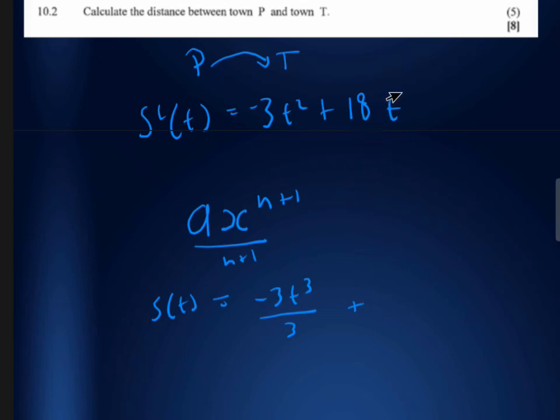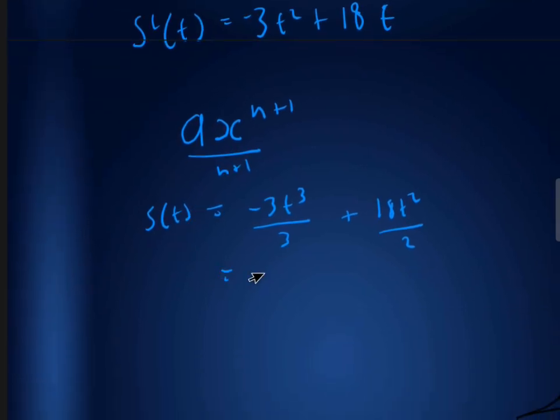So this is an invisible 1. So 1 plus 1 is 2. So we're going to have 18t squared, and then we're going to divide the whole thing by 2, right? Which is the answer that we got. So this is going to be minus t cubed plus 9t squared.